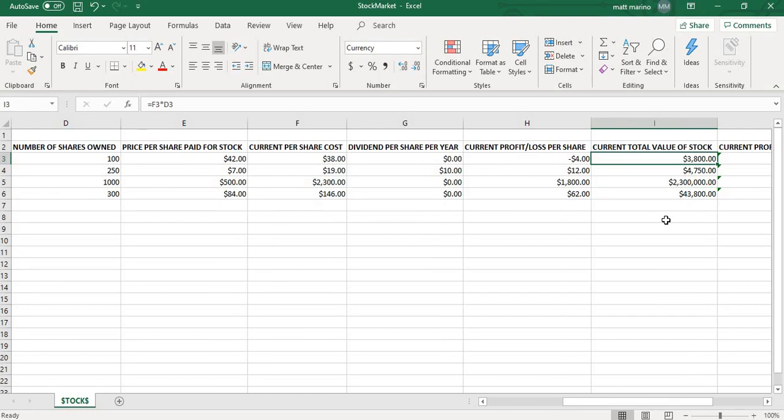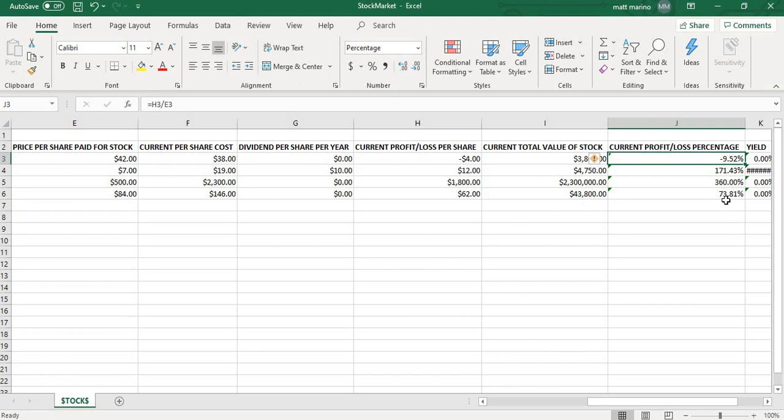You'll then notice the column current total value of stock. This calculates our current per share cost multiplied by our number of shares owned. So at $38 a share, 100 shares gives us $3,800 for Twitter.